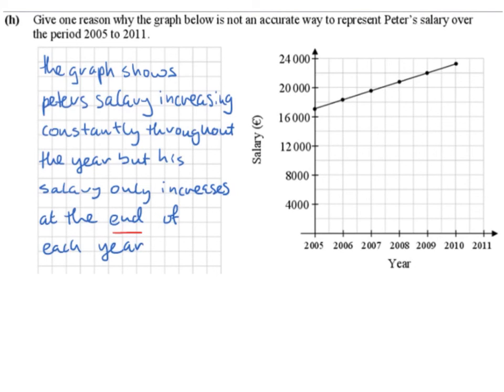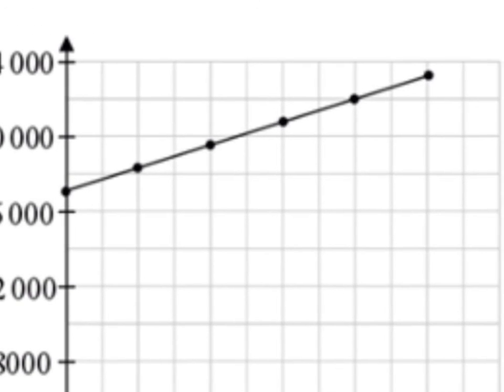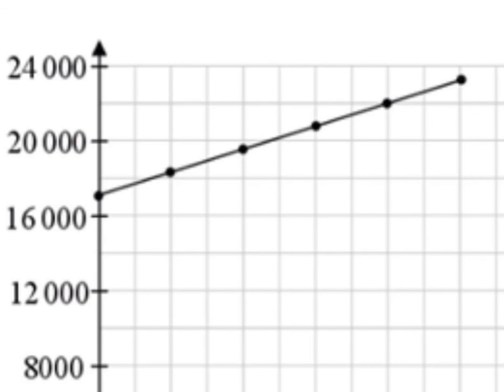So if anything, if we wanted to draw out this as a graph, it would look more so like this. Which would represent that it increases only at the end of each year.